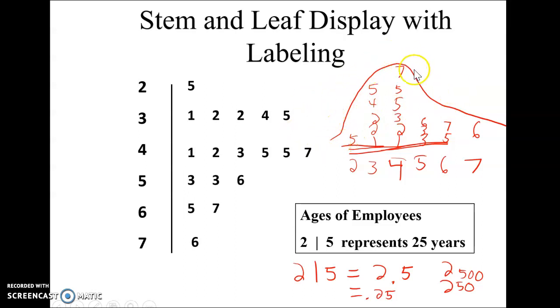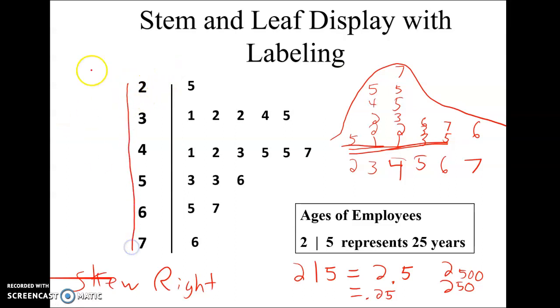You can argue that it's symmetrical, but I'm leaning more towards that this is skew right. So we always want to make sure we're identifying our shape. Okay? Do you have any questions? Let me know.